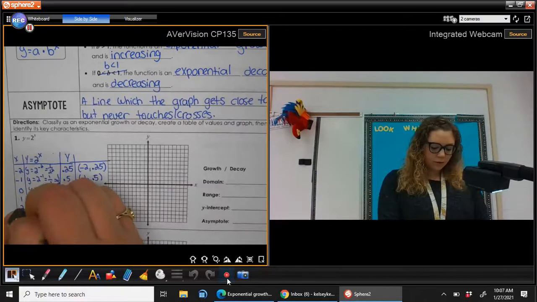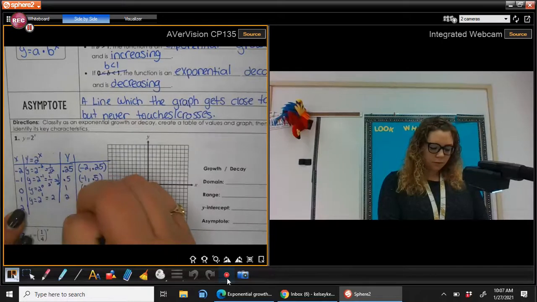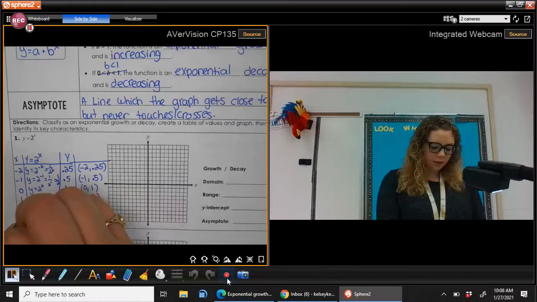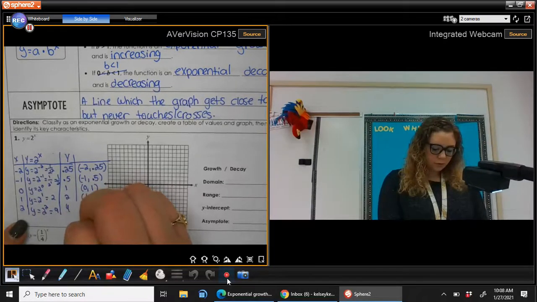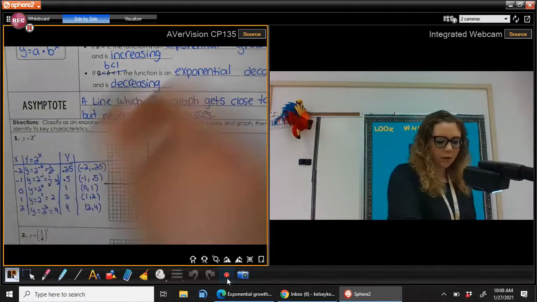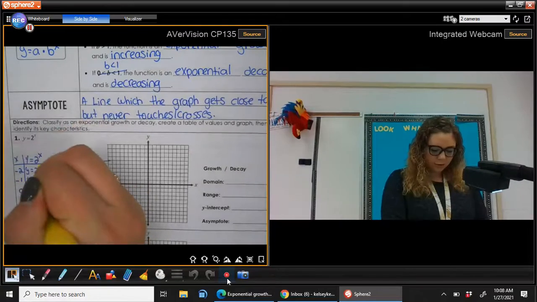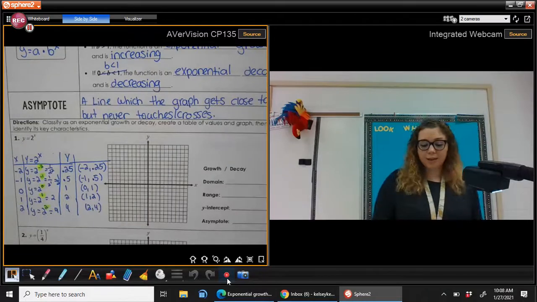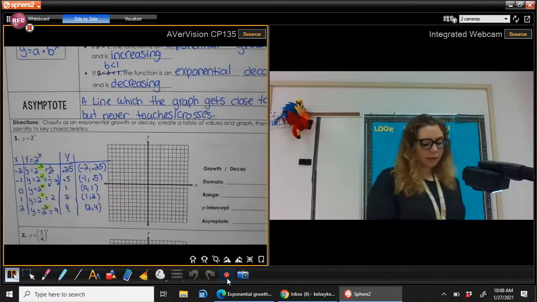Then 1 gives me 2. And then finally I plug in 2 for x, and that's going to give me 4. All we're doing is plugging these x values into the equation, but you always have to remember your rules for exponents, because it's not guaranteed that you're going to have a calculator on a problem like this.